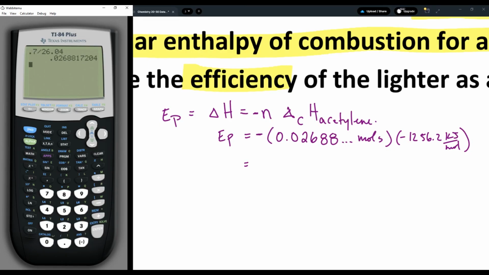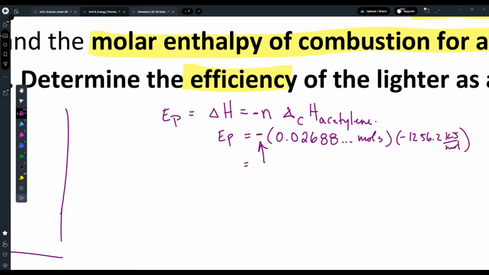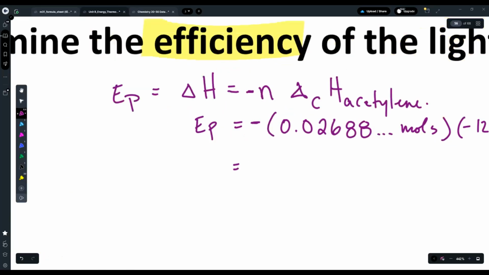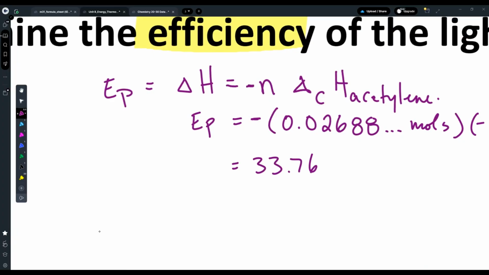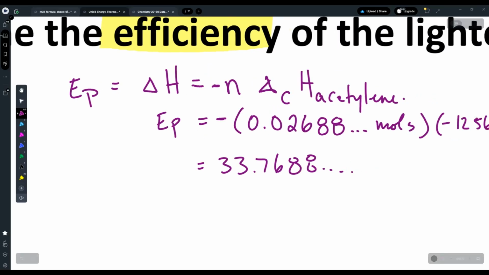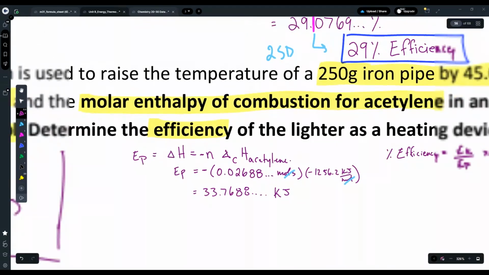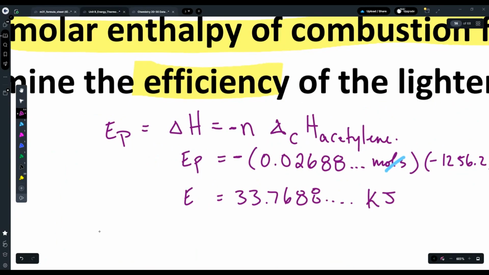So we're taking this entire raw number, multiplying it by that negative 1256.2. I didn't write the negative here in my calculation, so all I have to do to fix that is times by a negative 1. So we got 33.7688, goes on forever. Moles cancels out, so we have kilojoules. So that is our potential energy.